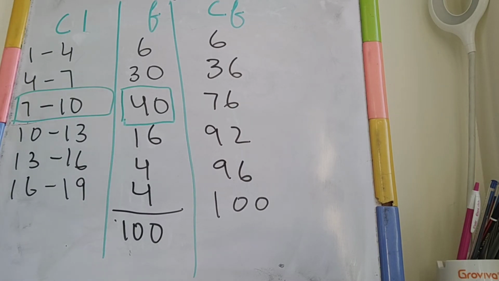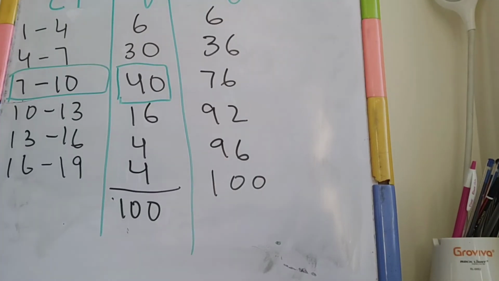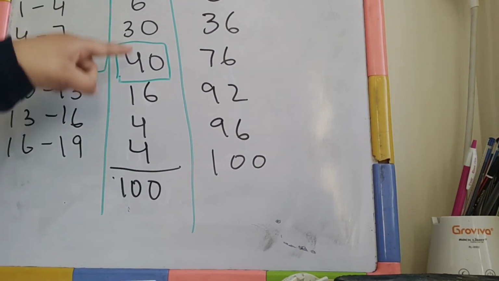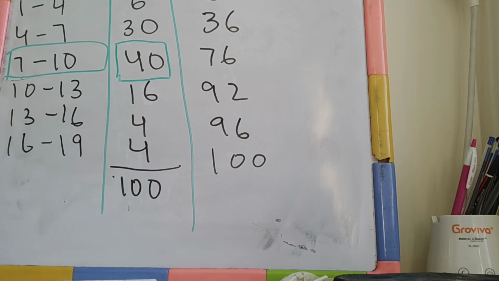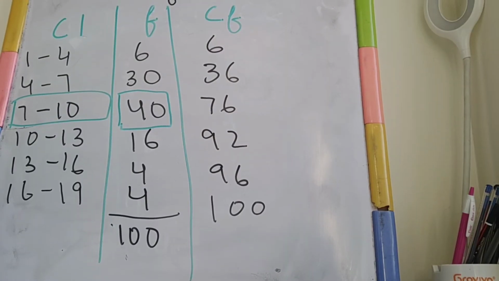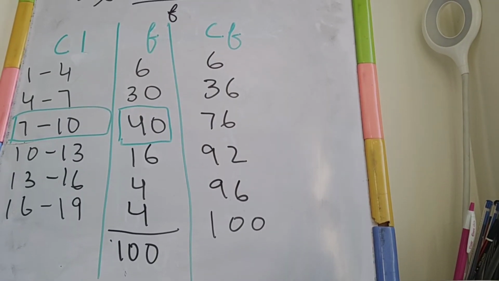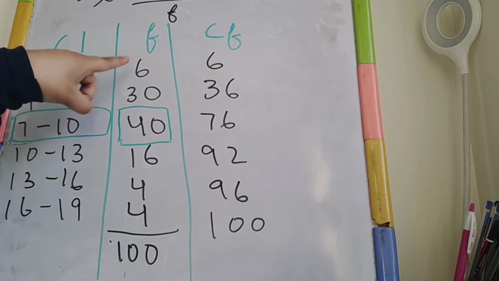Now as I wrote in the formula, what do we mean by L? L plus n by 2 it was. So L means the lower limit of the median class, which would be 7 in this case. N would be the sum of the frequencies, which is 100. Now look very carefully at the cumulative frequency. CF is the cumulative frequency. 6 is here.